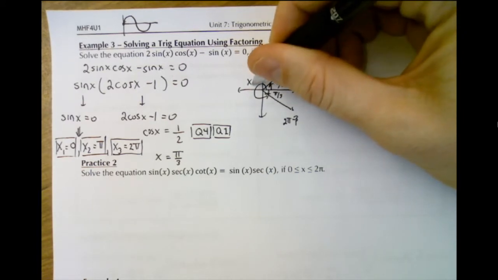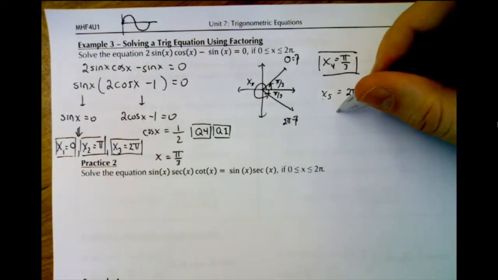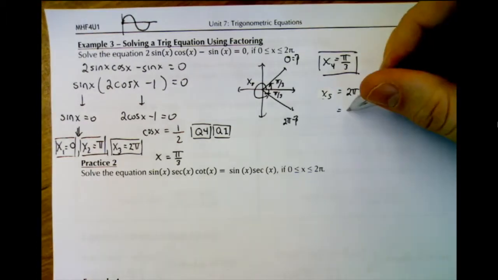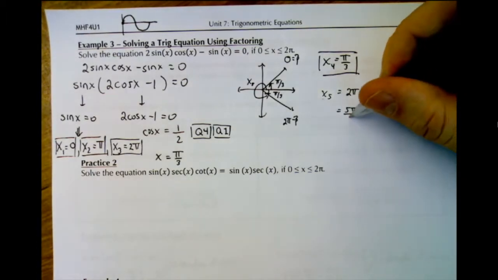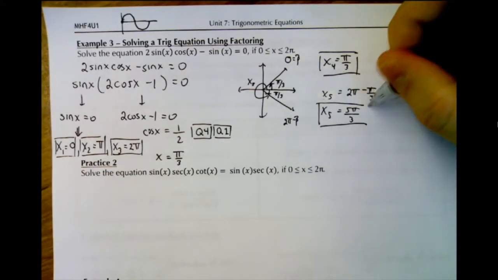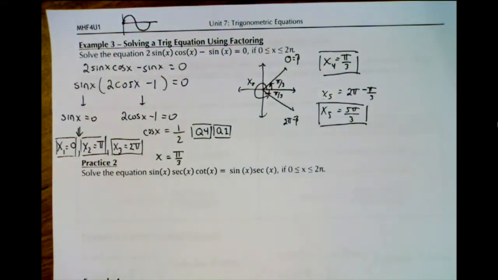That's our x5. 2 pi minus pi over 3, that'd be 6 pi over 3 minus 1 pi over 3, is 5 pi over 3. So there are our 5 answers.